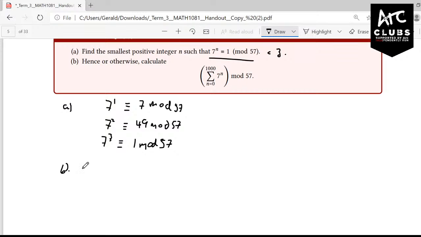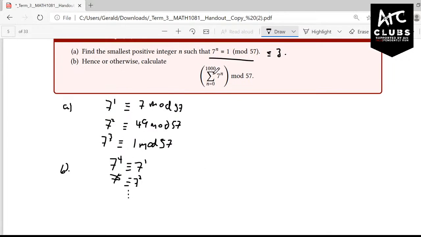All right. We're going to use the fact that 3 gets us back to 1 in order to rewrite this expression here. So the reason why this is so useful is because when we take 7 to the power of 4, that reduces down to 7 to the power of 1. And 7 to the power of 5 reduces down to 7 to the power of 2, and so on.